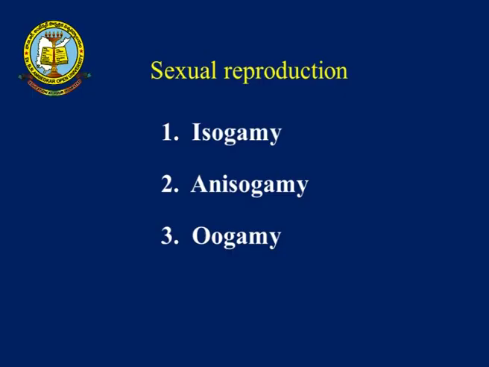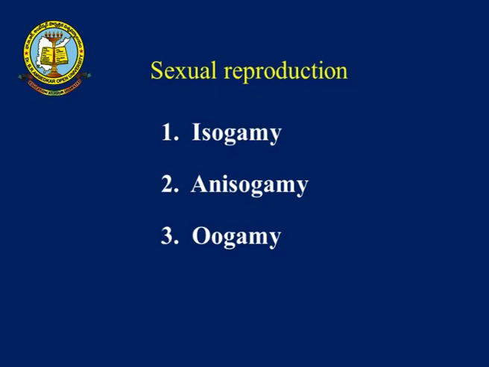Next one, sexual reproduction. I already told you that sexual reproduction takes place by formation of gametes. These gametes develop inside the gametangium. In the gametangium, the protoplasm metamorphoses into gametes. Both gametangia, whether male or female, develop from a vegetative thallus cell.